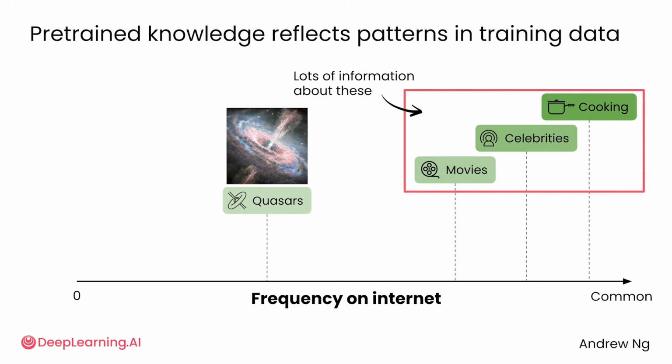Now, while most of the internet is in English, AI systems will also have learned from some data that's written in other languages, like Cantonese. Over 80 million people speak Cantonese, but that's far less than English, and Cantonese data represents maybe less than 0.1% of all internet content.